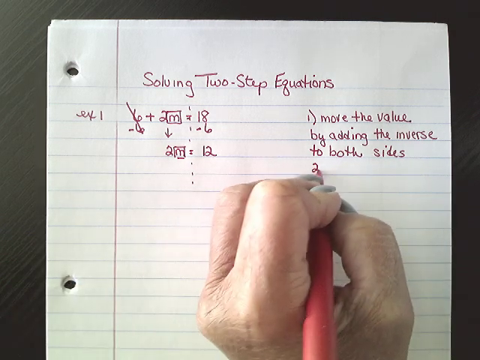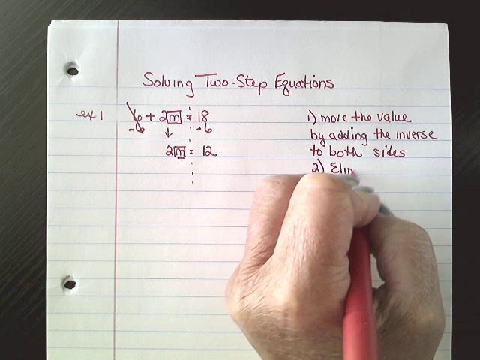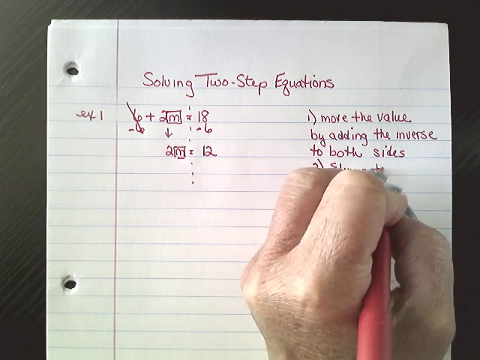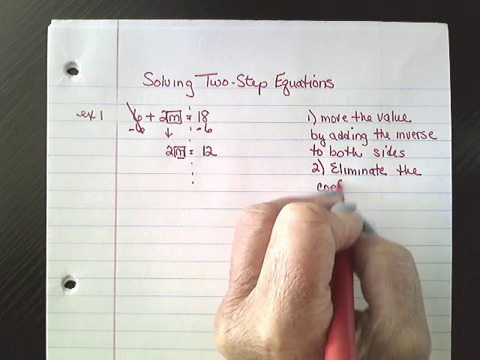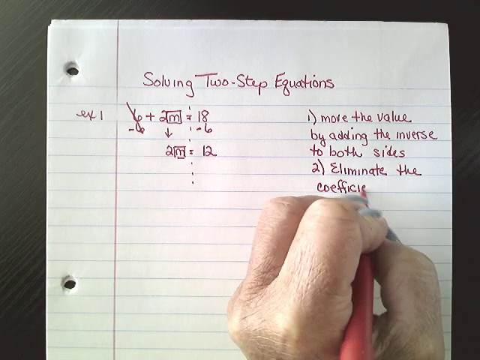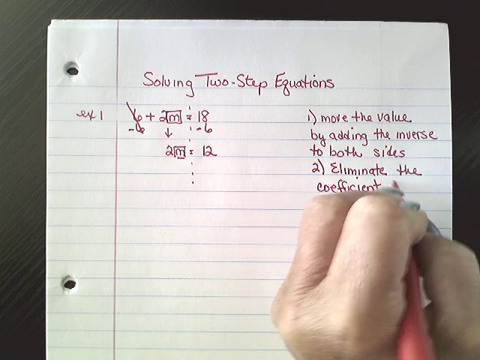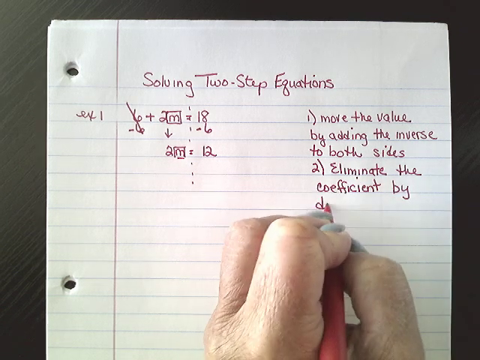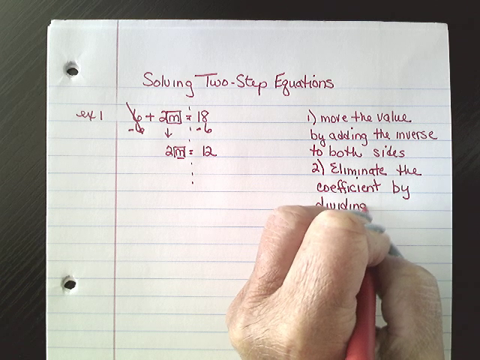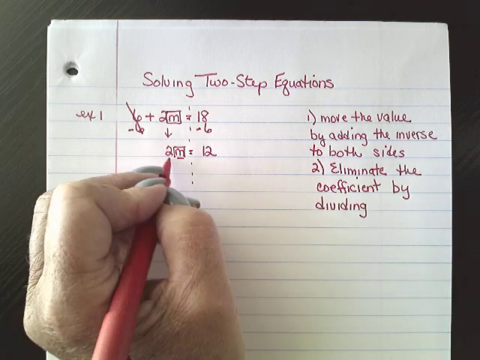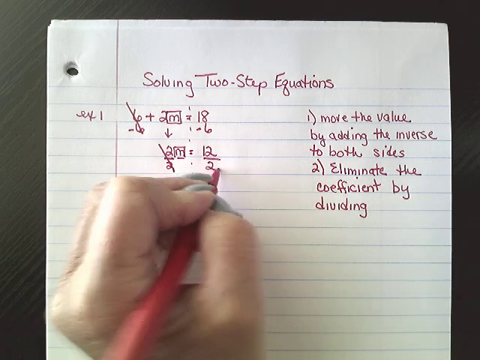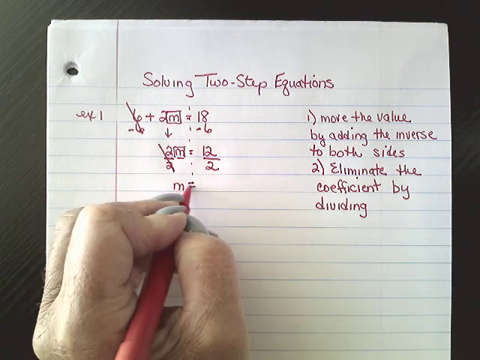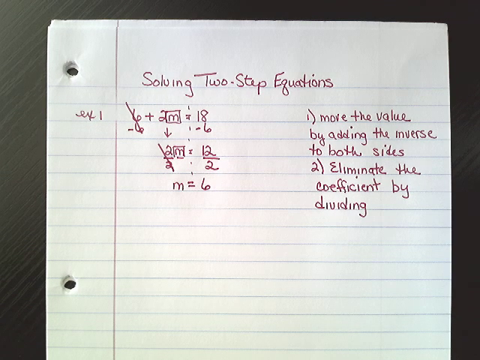Now, step 2, we are going to eliminate the coefficient. And how do we eliminate the coefficient? By dividing. So divide by 2, divide by 2. M equals 6.